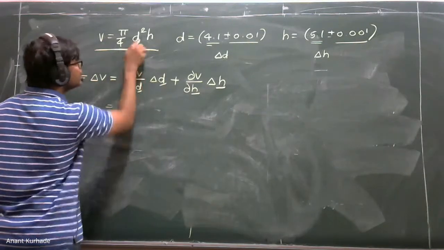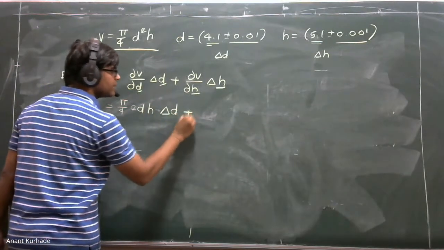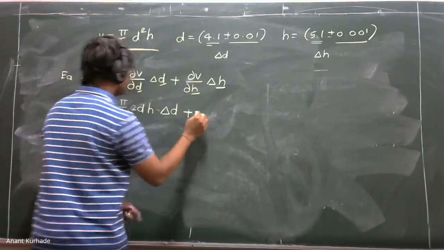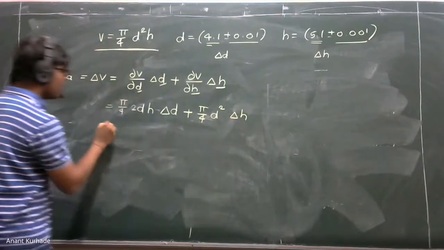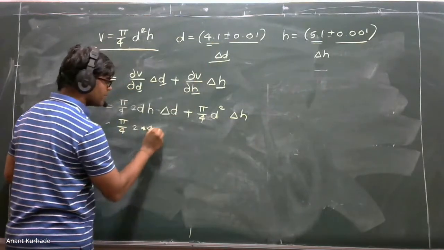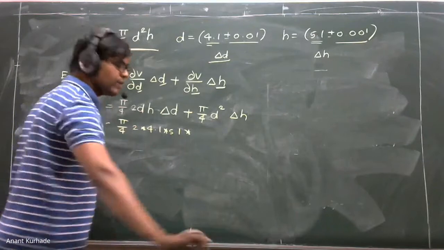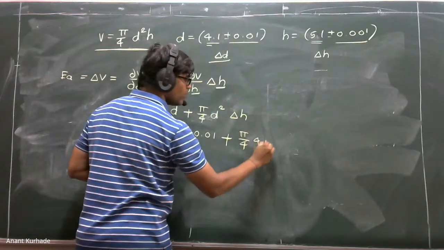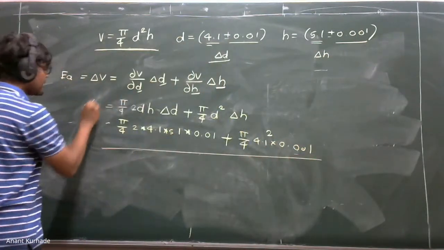The derivative of V with respect to D is 2D, with H as a constant, into delta D, plus with respect to H. Here there is only a single H, so its derivative is 1, and you can write pi by 4 D square into delta H. Now, pi by 4 into 2 into the actual D, 4.1, into the actual H, 5.1, into delta D. Don't write plus minus here; consider it as plus 0.01, plus pi by 4 into the actual D, 4.1 square, into delta H, which is 0.001.